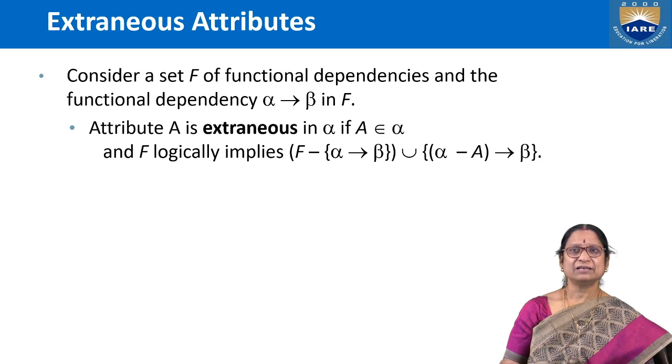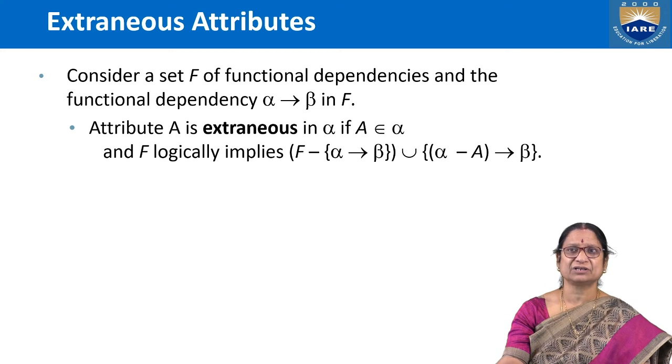This must be removed, whichever dependency I am considering. Other than this, if alpha minus A determines beta, then you can say A is extraneous.